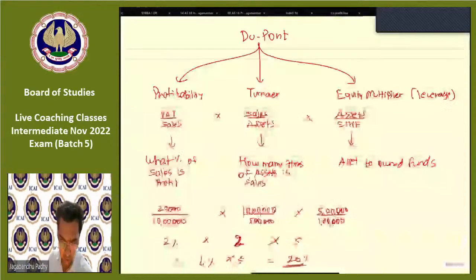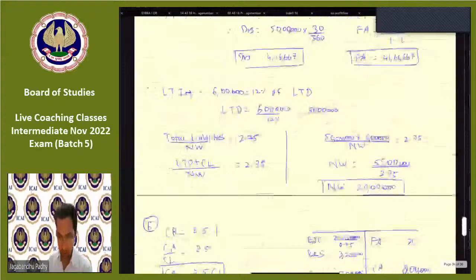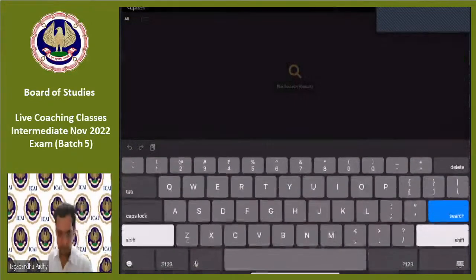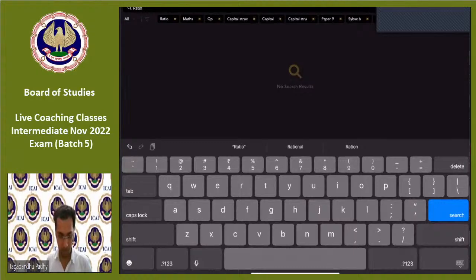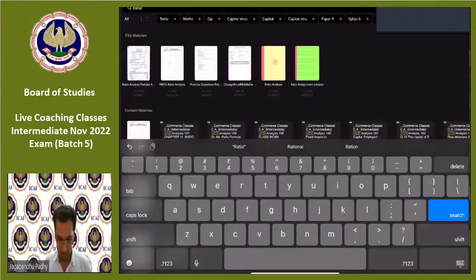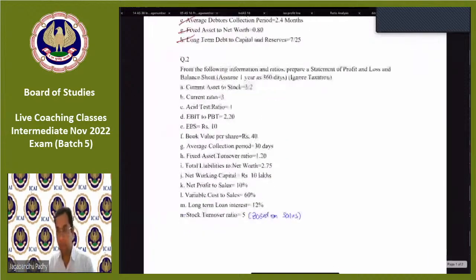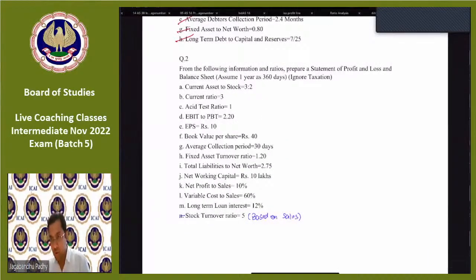Second question which I have sent was this one, the second question, question 3 from module. Have we solved this question, guys?